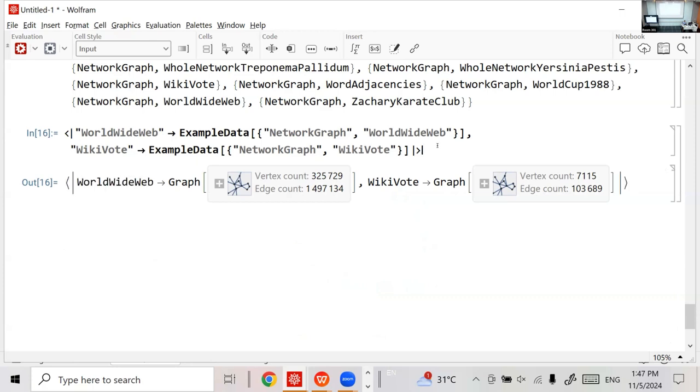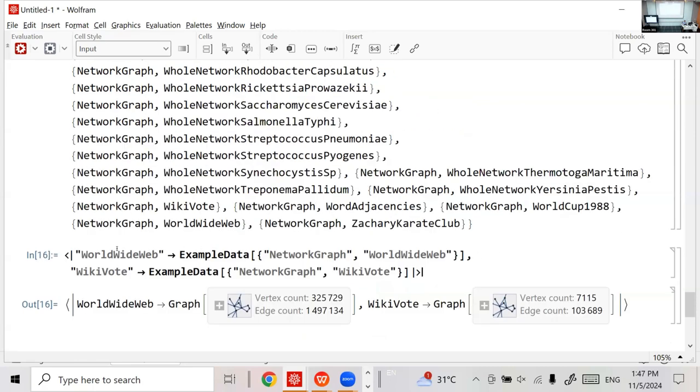Now, I don't want to do this manually. So how would I do it? Anybody? Okay, nod your head if you understand what this means. It's an association of name to the data set by that name. Now, if I did this 100 times, I'm going to be tired, right?